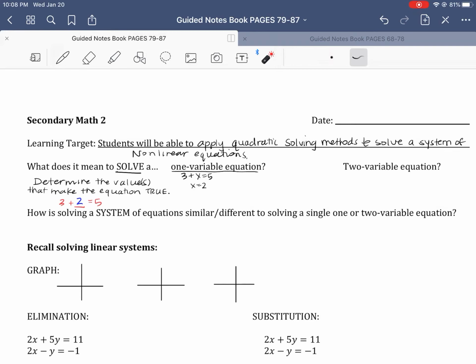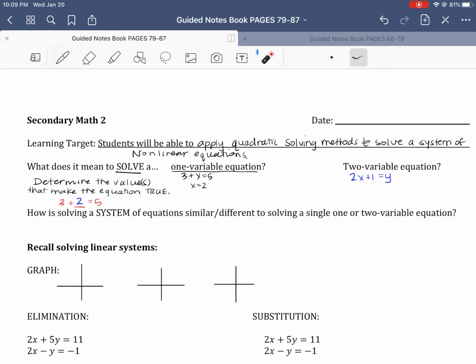A two-variable equation looks something like this. It might say 2x plus 1 is equal to y. Now, if I'm looking to solve this one, x and y vary in relation to each other. If I plug a certain value in for x, that determines what the output value is for y.